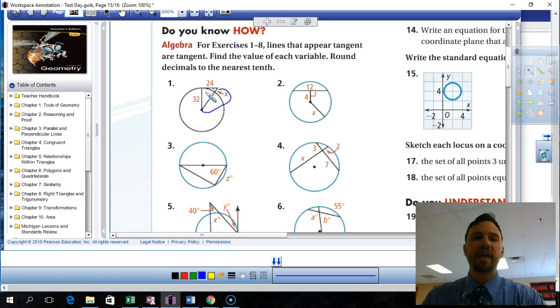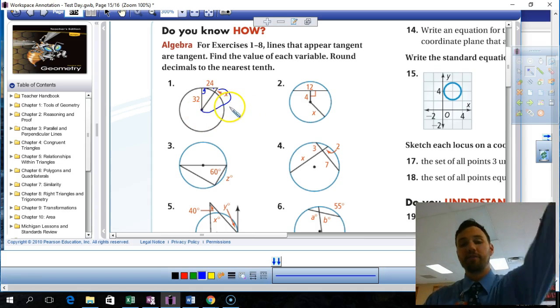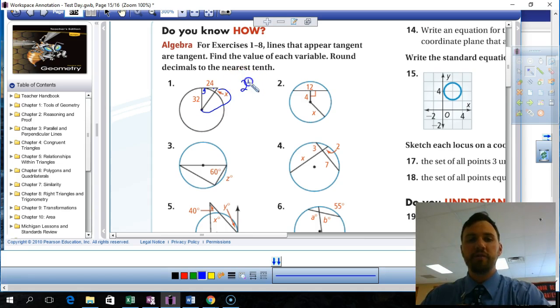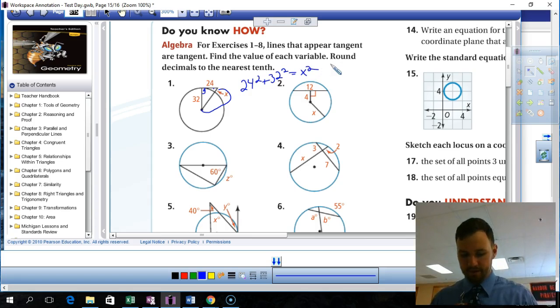Alright, so what you need to know is if that's a tangent, then this forms a right angle, right? So to find that whole length, that's the hypotenuse of a triangle. So I can do 24 squared plus 32 squared equals x squared. And 24 squared plus 32 squared is 1600.